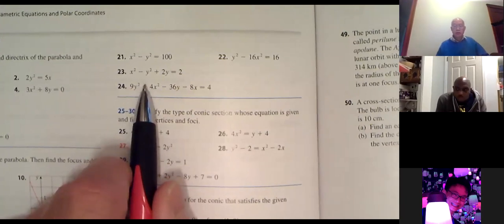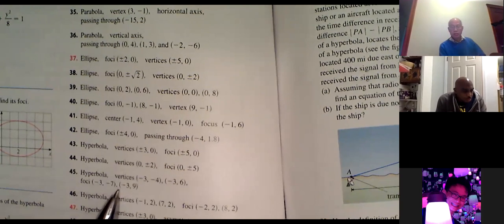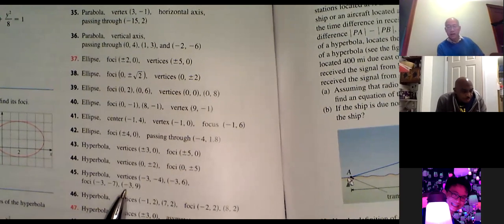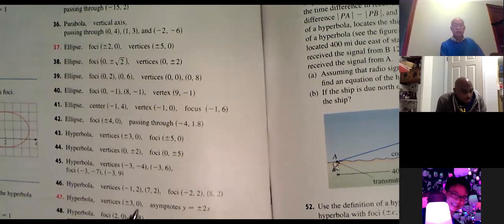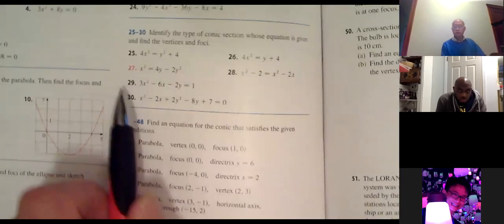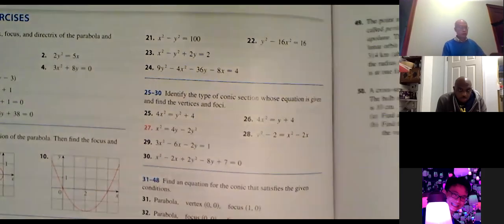As you might guess, there's going to be completing the square. Then 43, identical. 45, identical. And 47 is identical. So the only one that's different is I got a harder version of 23. So if I do the harder one, you should be able to do the easier one.